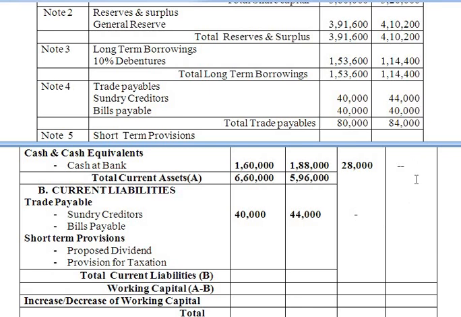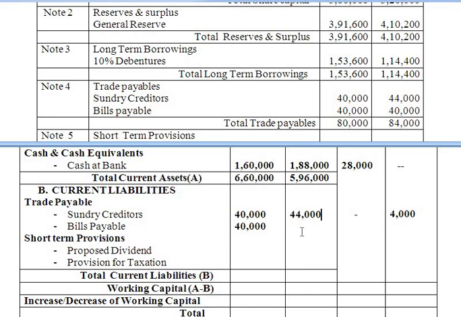Working capital decreases by 4,000. So in the decrease column write 4,000. Now the next current liability is bills payable. The amount of bills payable for the year 2018 is again 40,000, and for the year 2019 it remains the same.